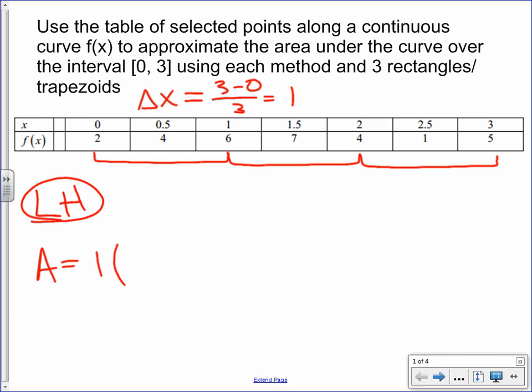So our first rectangle has height what? 2, because that is the left height. Our second rectangle has height 6, because that is the left height. And our third rectangle has height 4. So this area is 12.